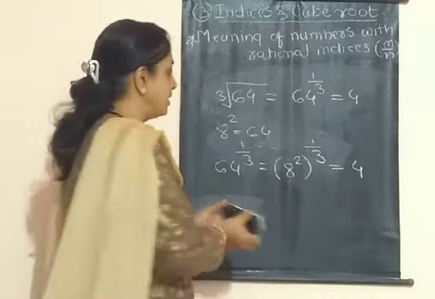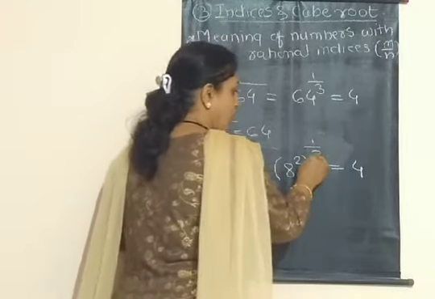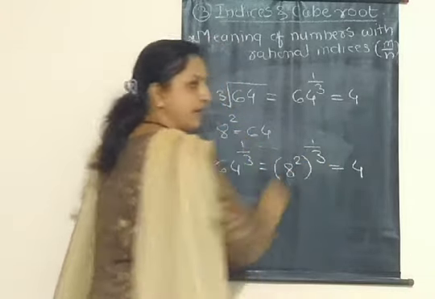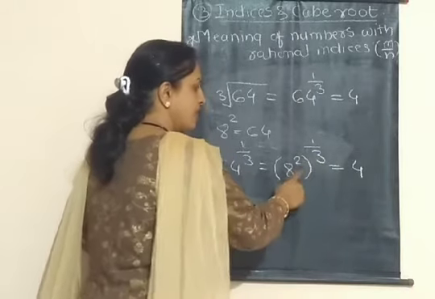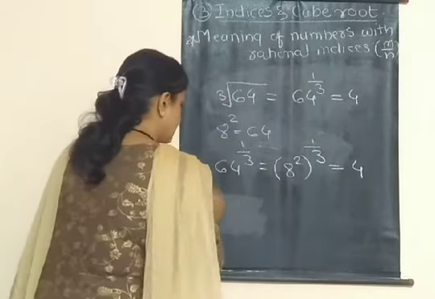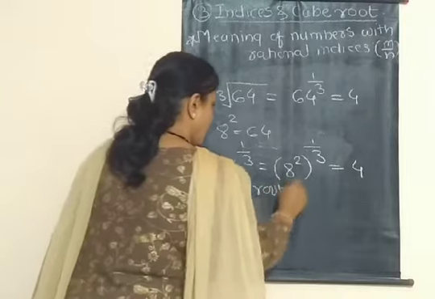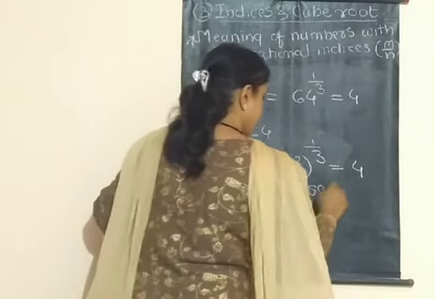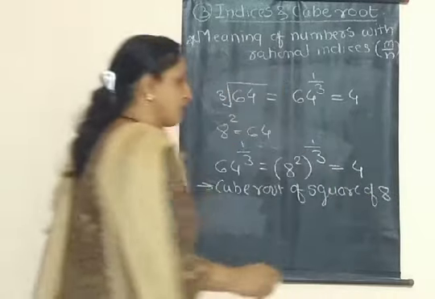You can say that it is the cube root of the square of 8, and that is equal to 4. So let us write this meaning: cube root of square of 8, and that is equal to 4.